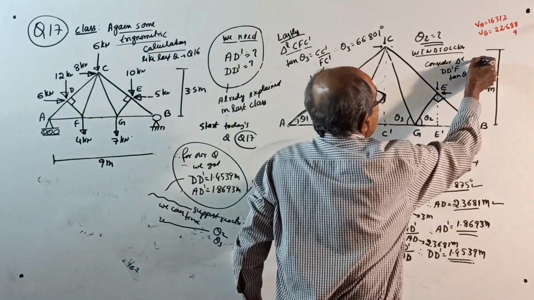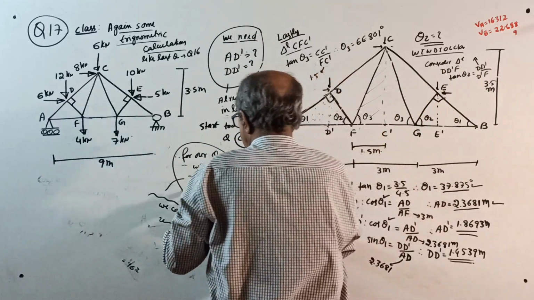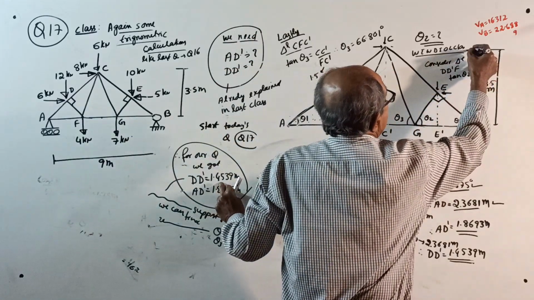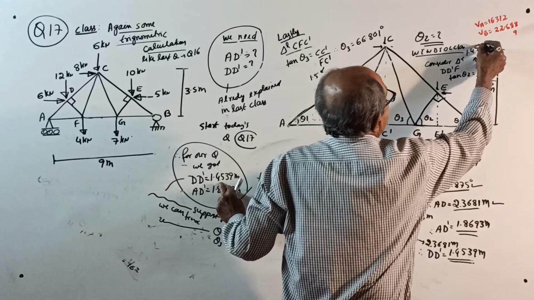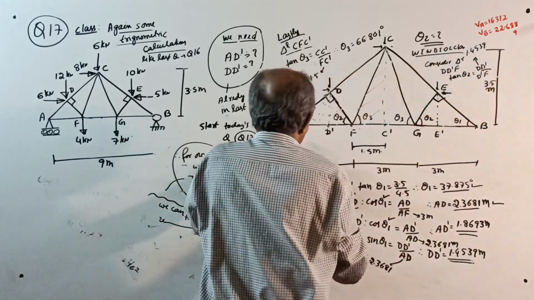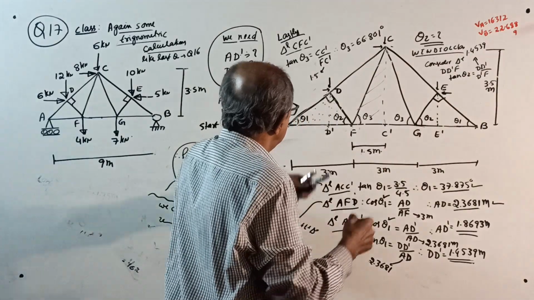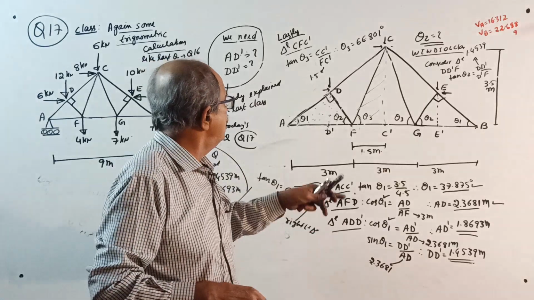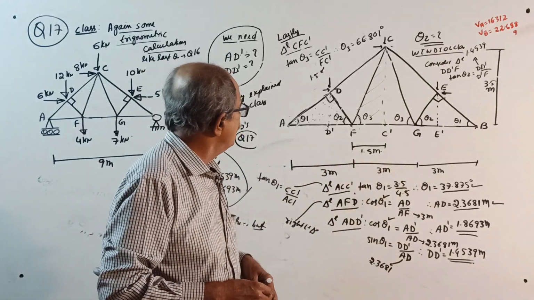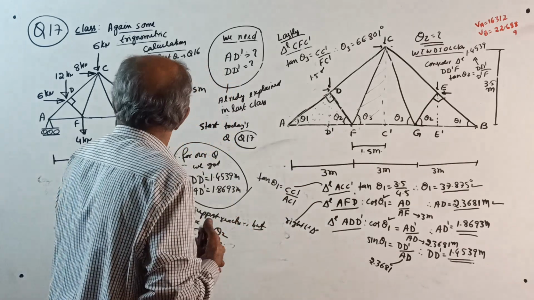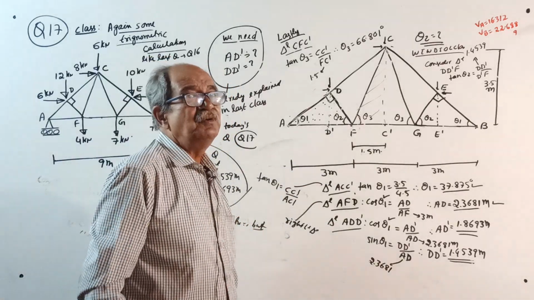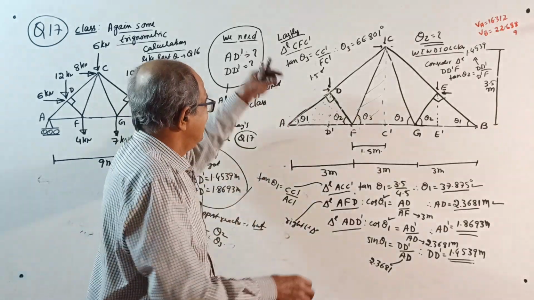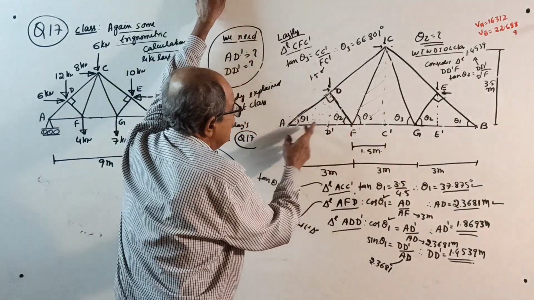DD dash is already known; just now you calculated it, we got 1.4539. But D dash F is not known. What to do? Someone will say, sir, this is 3 meters, A to F is 3 meters.